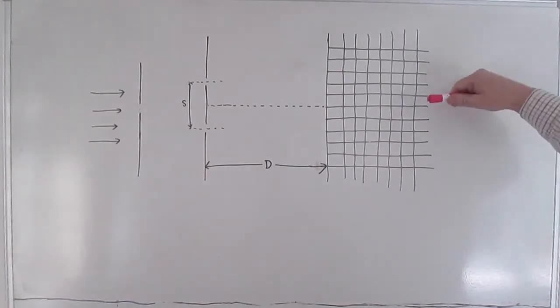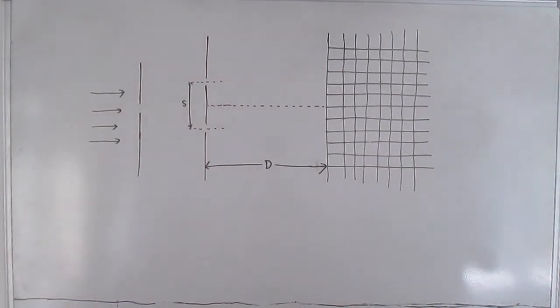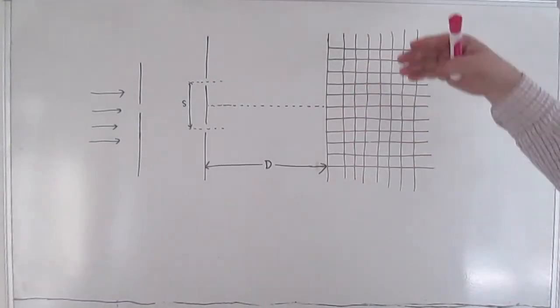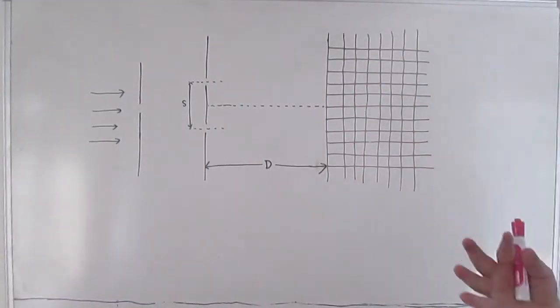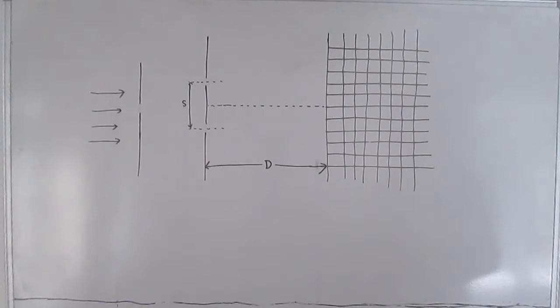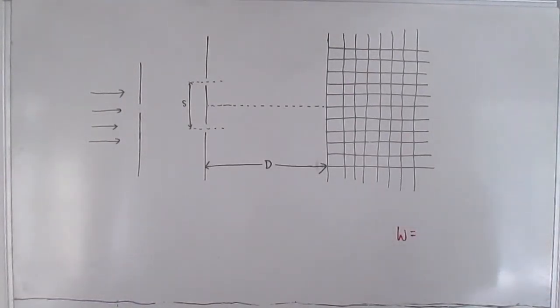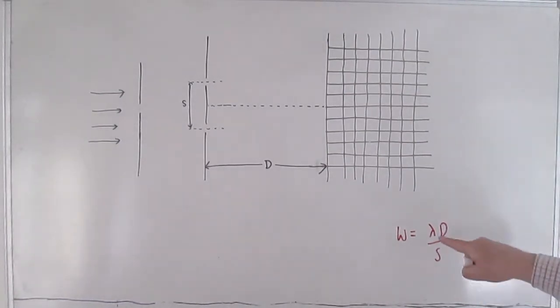The first is that the peaks have to be equally spaced, so the fringes that you see in the pattern have to be equally spaced. An important thing in the question was that it used that word monochromatic. Remember, that means that there's a single wavelength, because the relationship that you have on your data sheet is that one where w is the spacing of the fringes, and you can see it depends on the wavelength.